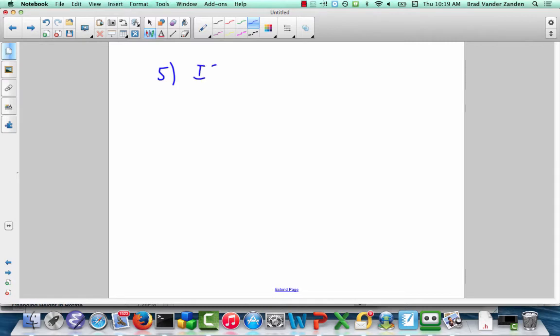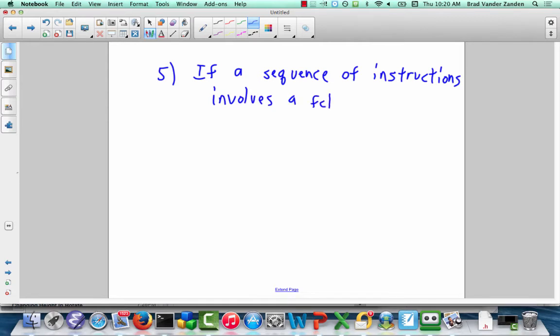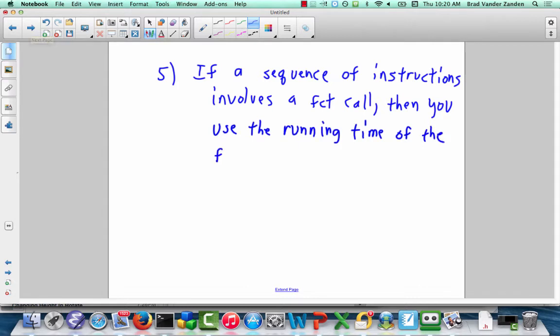If a sequence of instructions involves a function call, then you use the running time of the function call rather than assuming it takes one instruction.